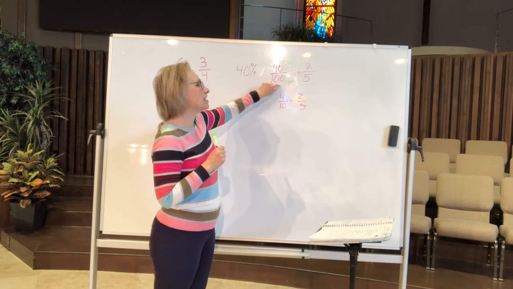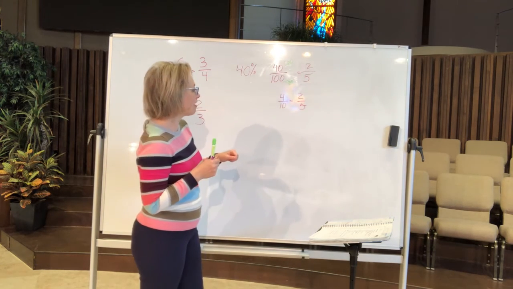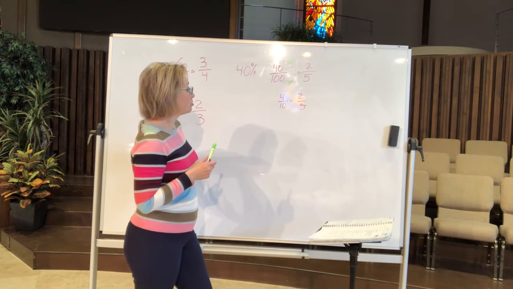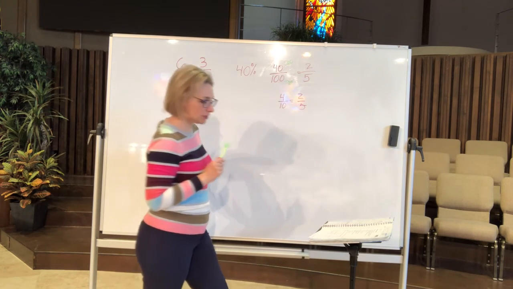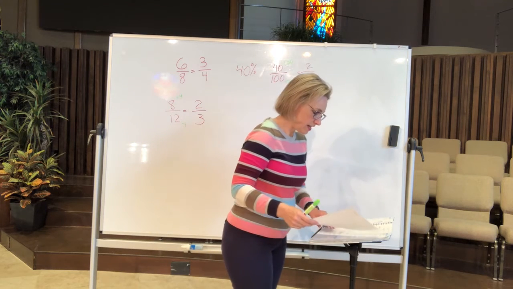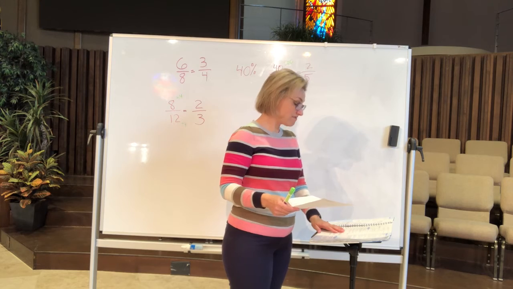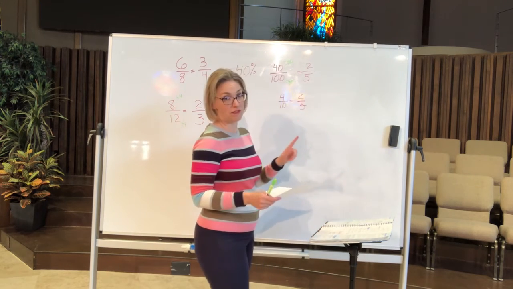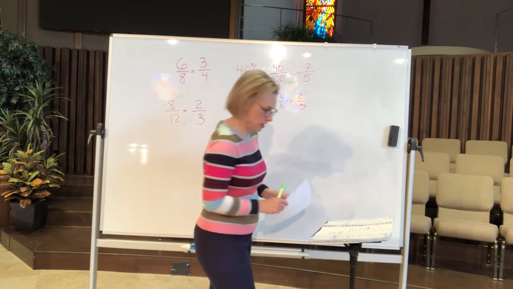Okay, so it does need to be the greatest common factor in order to reduce it completely. Okay, so that is how you're going to turn a percentage into a reduced fraction. Oh, and when I look in the book, they did 4/10 into 2/5. So it's okay if you do that, but that's the best way to do it.